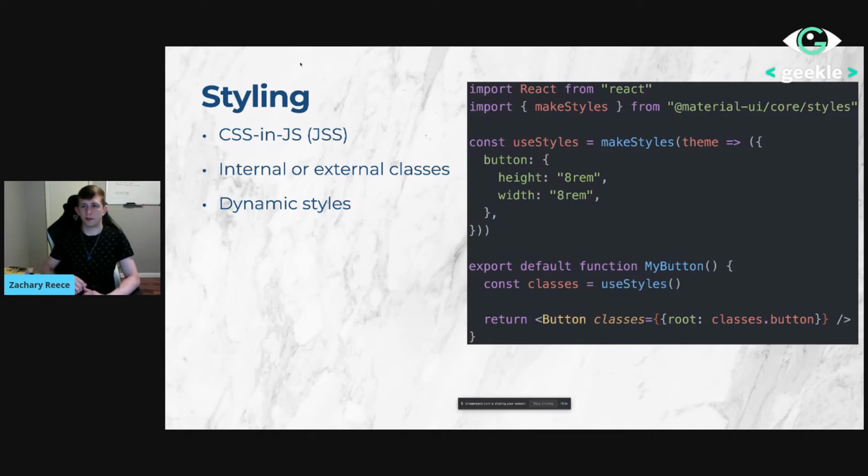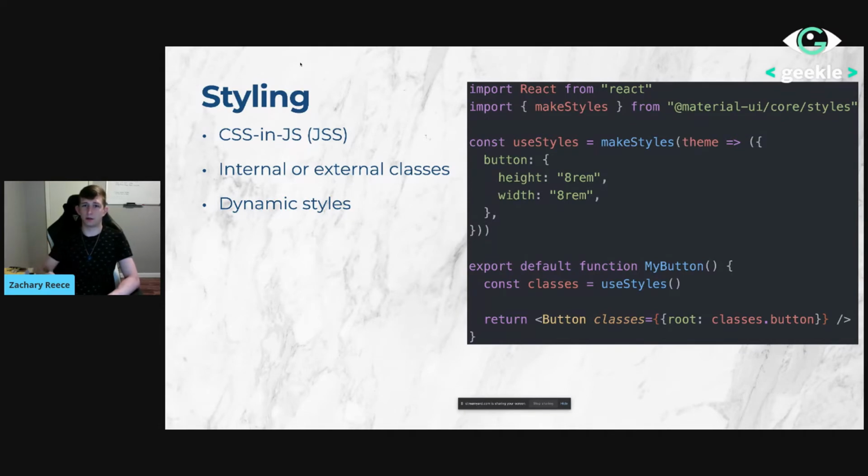We'll talk more about the theme in just a minute, but we then return from makeStyles an object, and that object has all of the classes that we want for our components. So previously, all your CSS classes that were in an external file, now you create those CSS classes here in this style object.